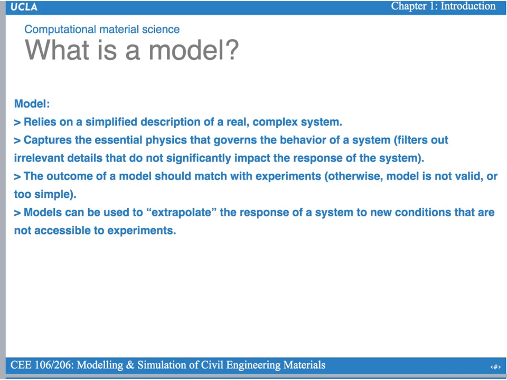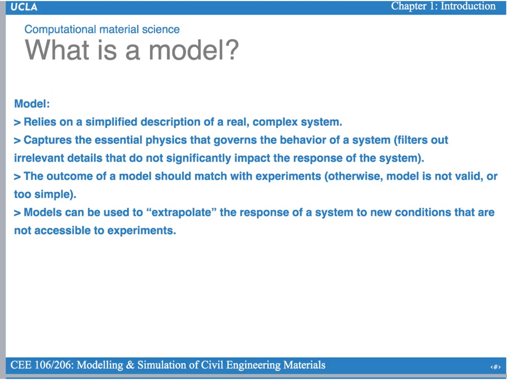And this is the only thing that you will keep within your model in order to predict the macroscopic response of systems. The first thing to remember is that whenever possible, you should always make sure that a given model matches with experimental observation. If you have some experimental observation, then you need to make sure that your model does not contradict it. Otherwise, it means that probably your model is either not valid or is maybe too simple.